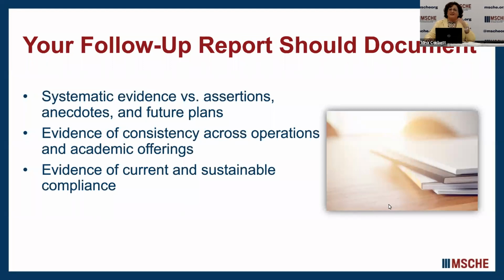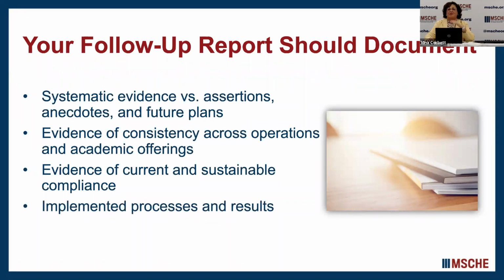It cannot be data from 2-3 years ago. 2-3 years ago would only provide the context. You need to provide data on what's going on right now. But there is also a key word here, which is the word sustainable. The commission needs to know that the institution can sustain whatever corrective measures have been implemented in the future.